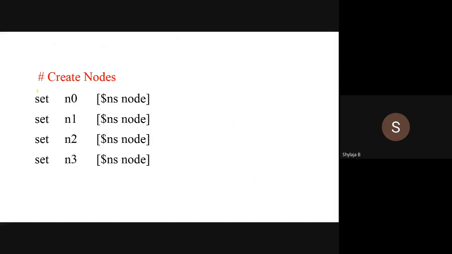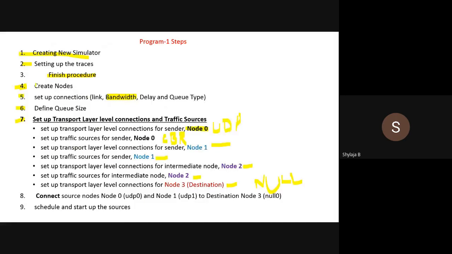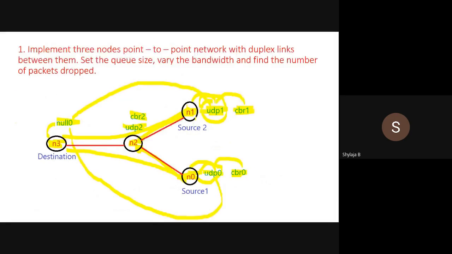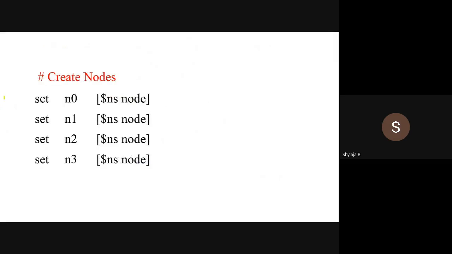Now our next task, if you look into these procedures, the fourth step is to create nodes. How many nodes? In the topology, we have 4 nodes. We create these 4 nodes by using set n0, that is, create a node named n0.